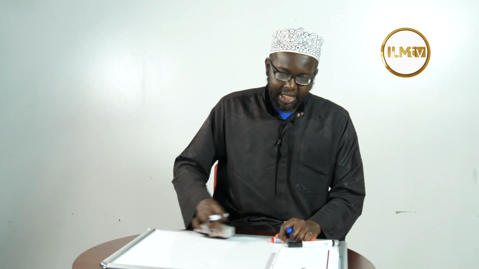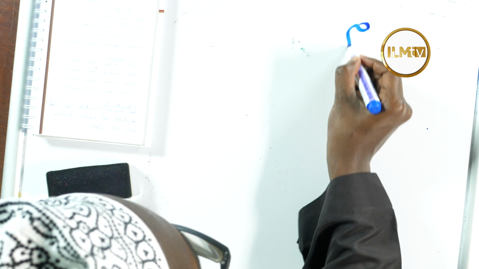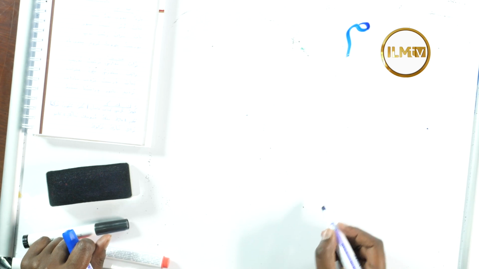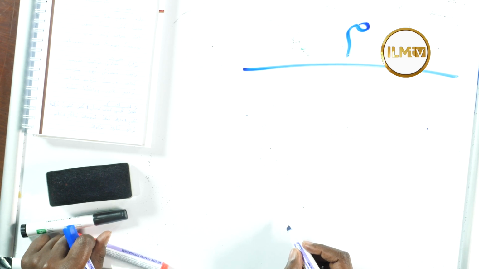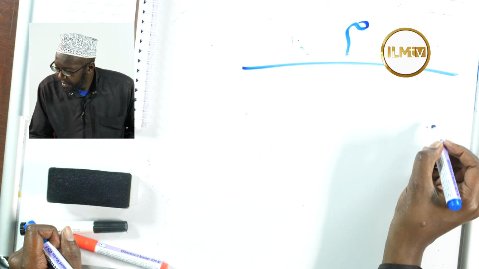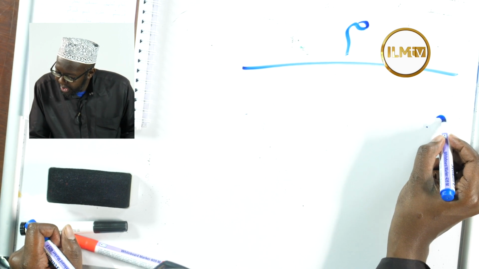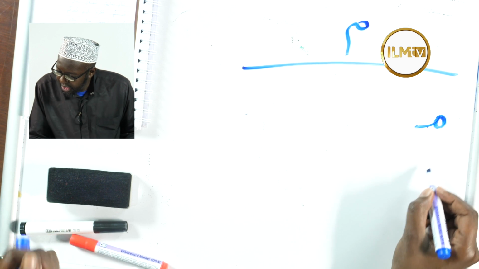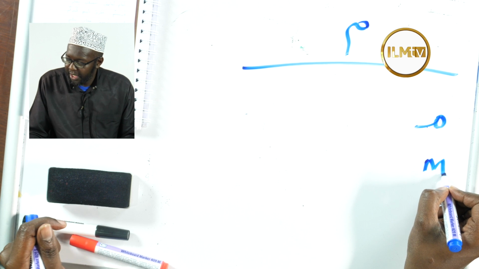Now let's get some few examples with a mim. Mim. For the mim, we can have an example like at the beginning, there's the mim. It's just like an A written backwards, but it's an M actually in Arabic.